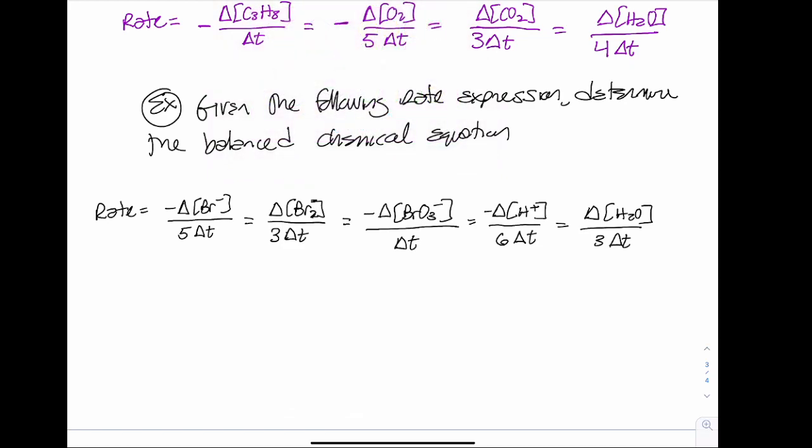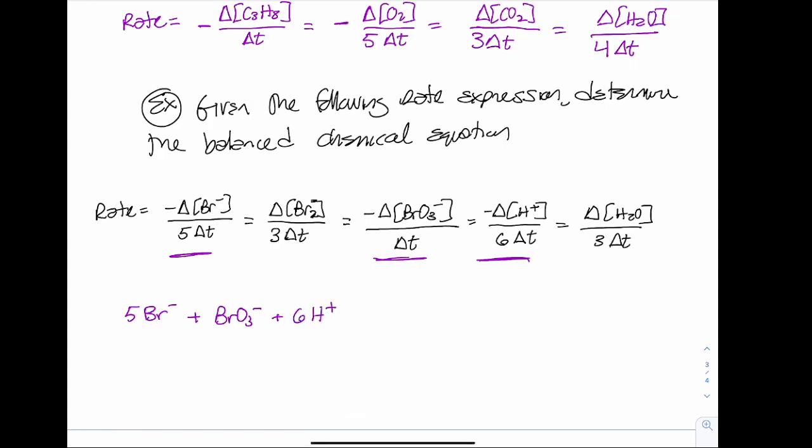Alrighty, so remember the ones with the negative in front of them are going to be on my reactant side, so they're disappearing. So this one, and this one are all going to be reactants. Remember that the number in my denominator is my coefficient. So I have 5 Br minus, that's reacting with 1 BrO3 minus, and 6 hydrogen ions.